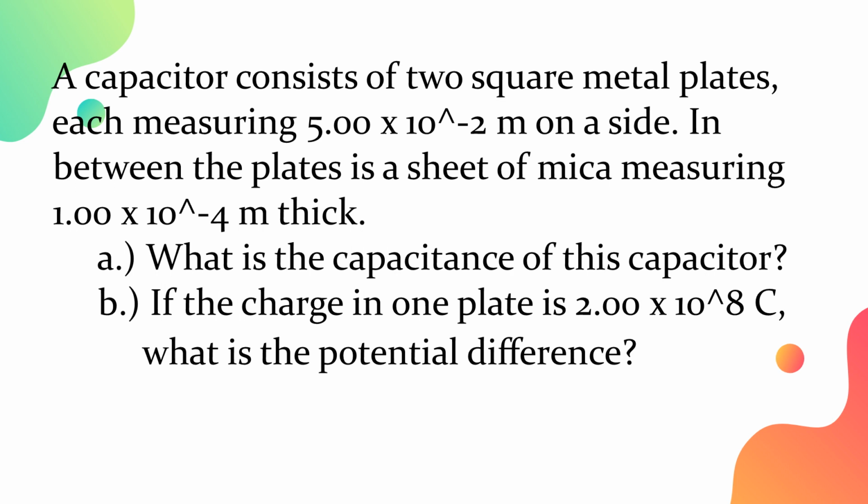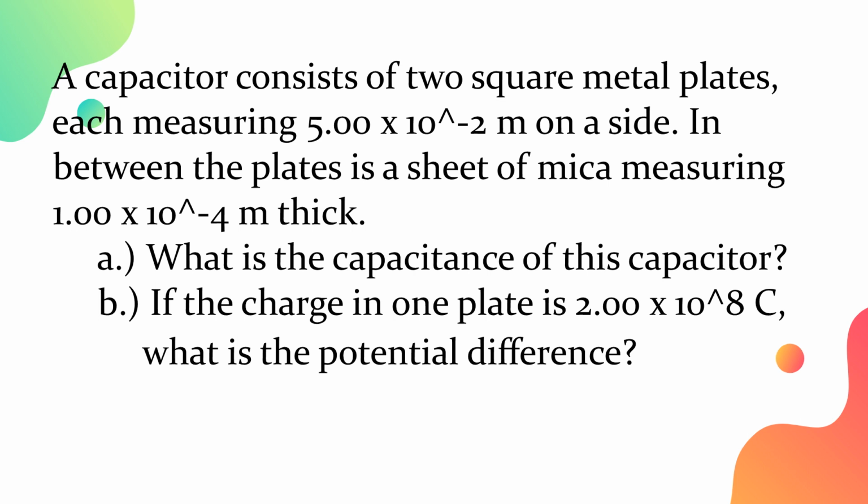Let's have another example. Let's say a capacitor consists of two square metal plates, each measuring 5.00 times 10 raised to negative 2 meter on a side. In between the plates is a sheet of mica measuring 1.00 times 10 raised to negative 4 meter thick.